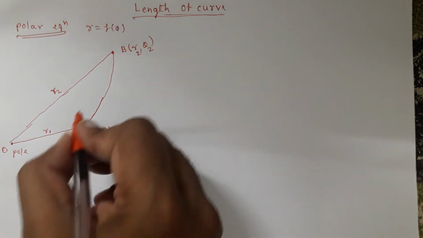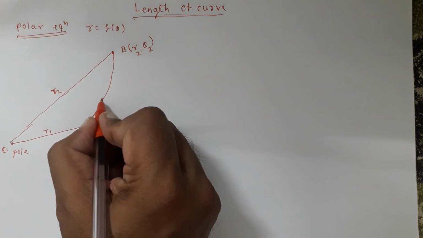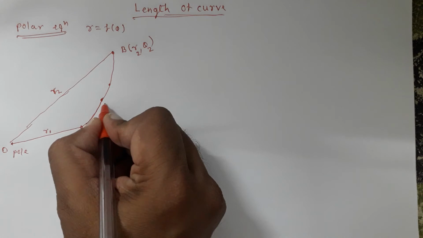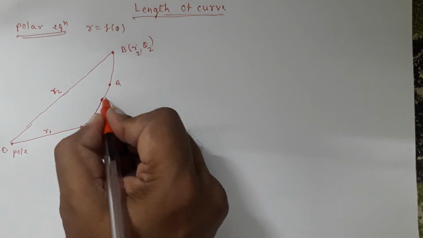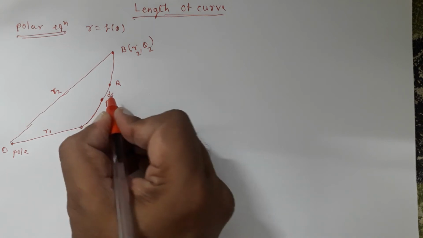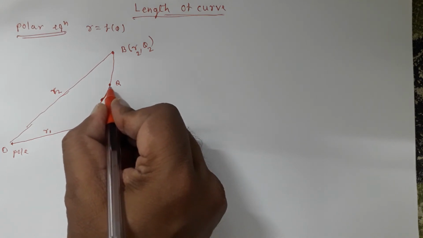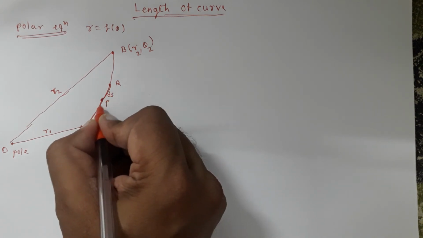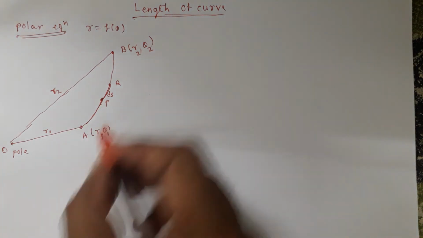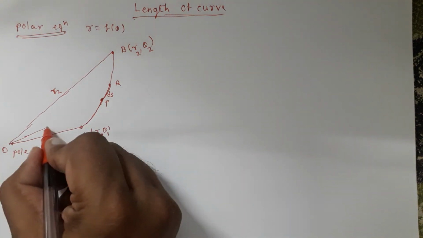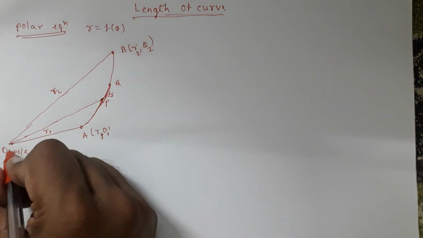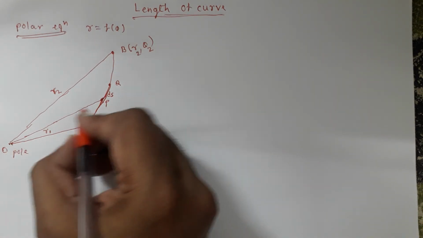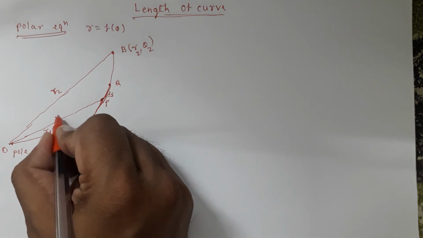In order to get the length of the curve AB, I am considering two positions P and Q very close to one another, and let the length of the arc between these two points be ds. In order to get this length, I am joining the pole to this position, so it becomes the position vector, say r.